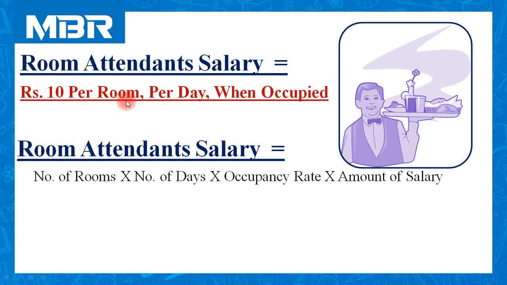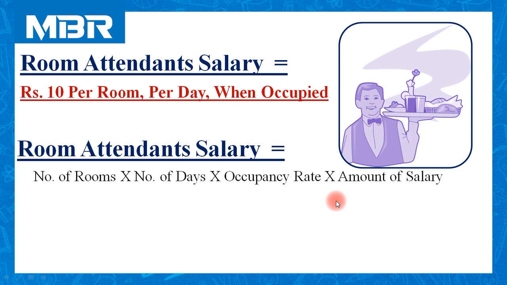Number of room is important, number of days are also important, occupancy rate is also important, and we need to pay rupees 10, that is amount of salary. So calculation of room attendant's salary is composition of four different factors. Number of rooms multiplied by number of days multiplied by occupancy rate multiplied by amount of salary.